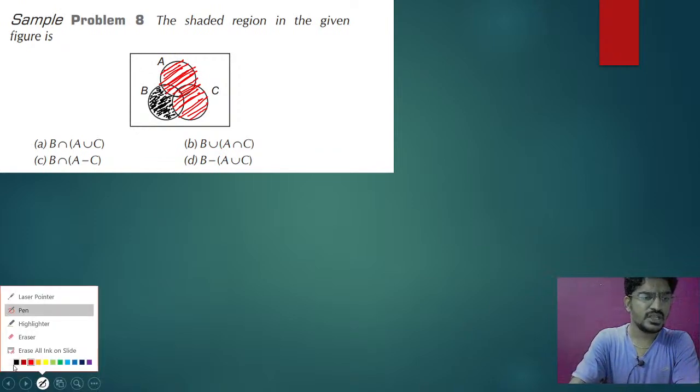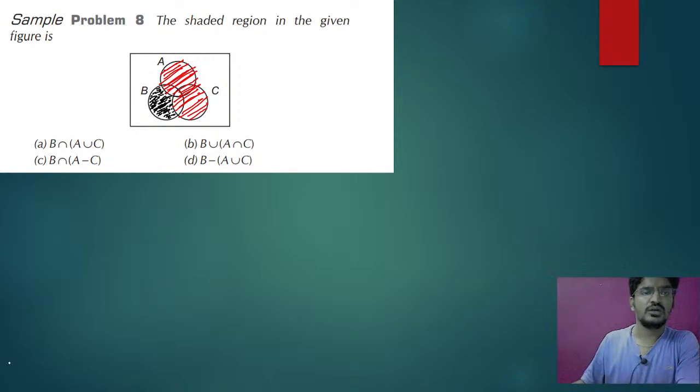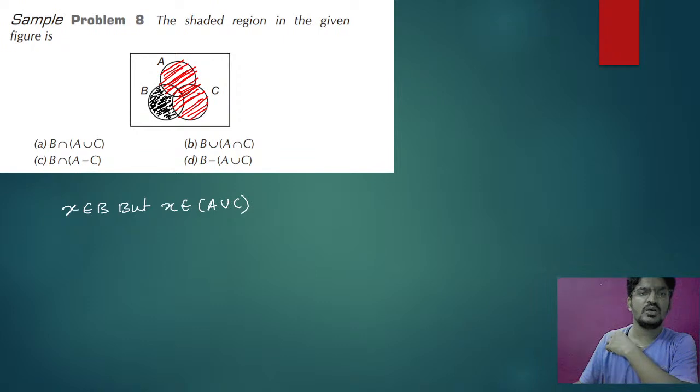So tell me the answer. Anyone, have you got the answer? X present in B, but X not present in A union C. That is what this diagram tells.